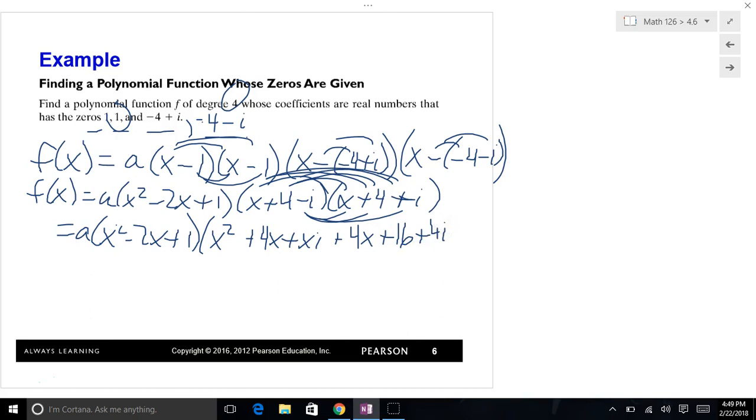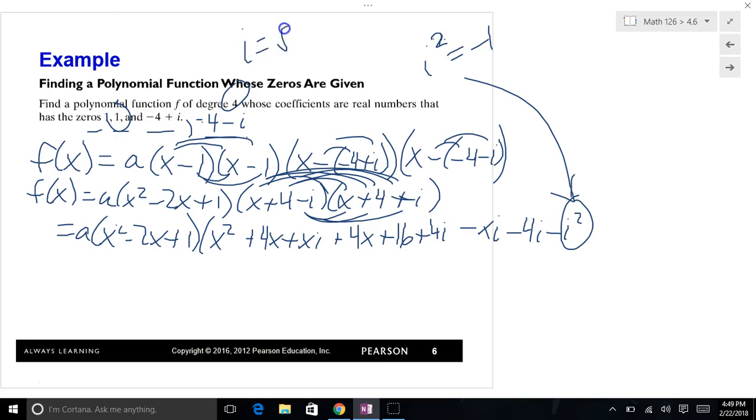Then I take that negative i through, negative xi minus 4i, and then negative i times positive i is negative i squared. And if you remember from working with complex numbers, i squared is negative 1, because i was defined to be the square root of negative 1. So we need to replace that i squared.